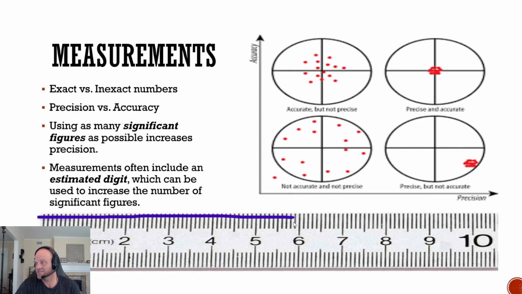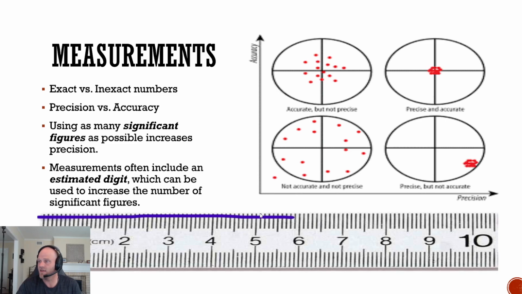One person might say it's 5.75. One person might say it's 5.9. One person might say it's 6, right? There is some ambiguity to a measurement, and that's why we call them inexact numbers. So what we've done is create this system where everybody can follow the same rules, right?